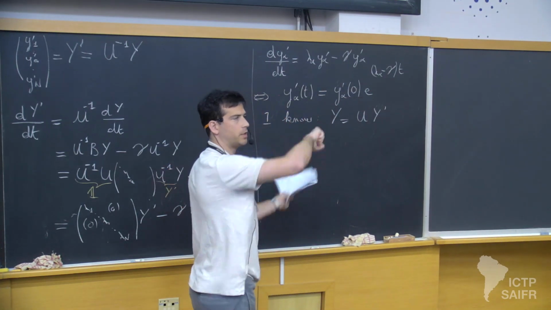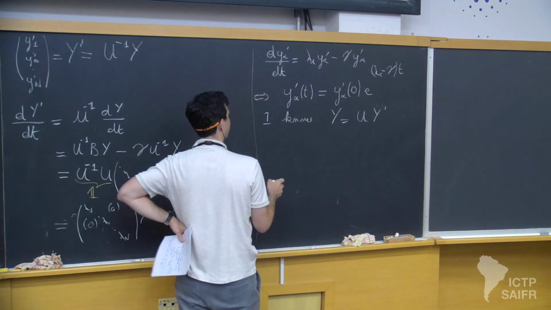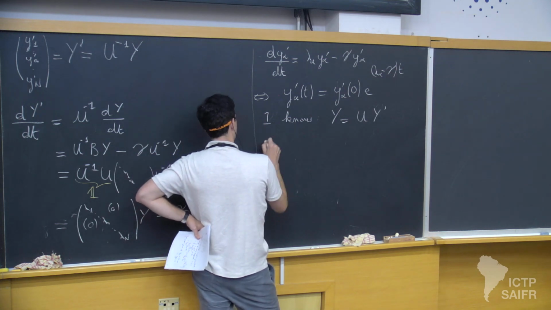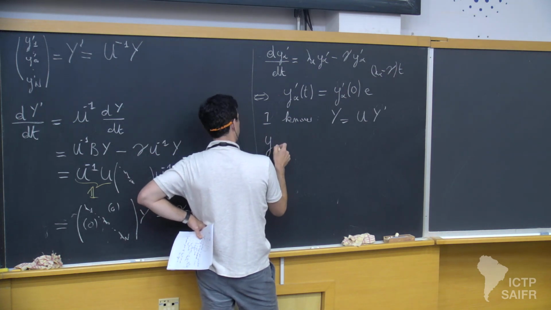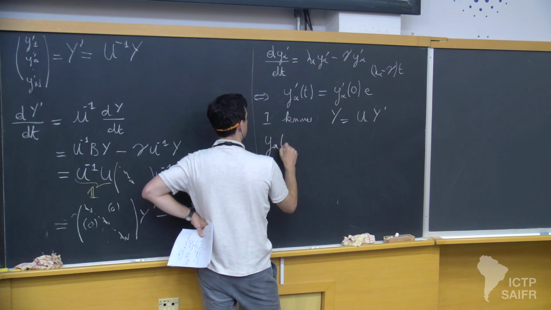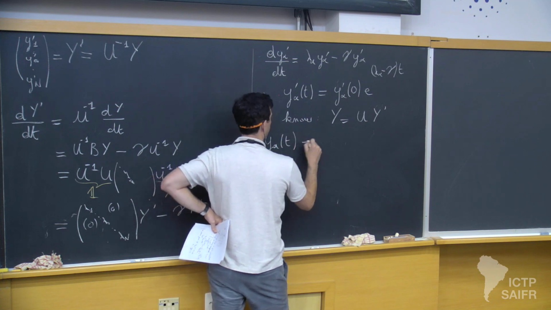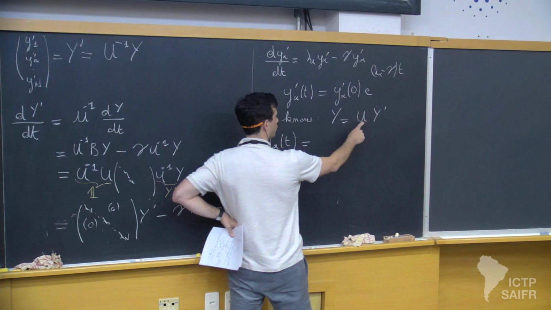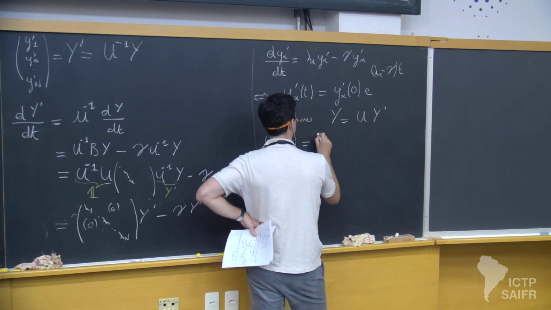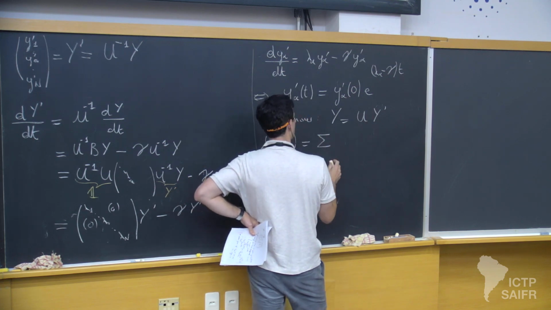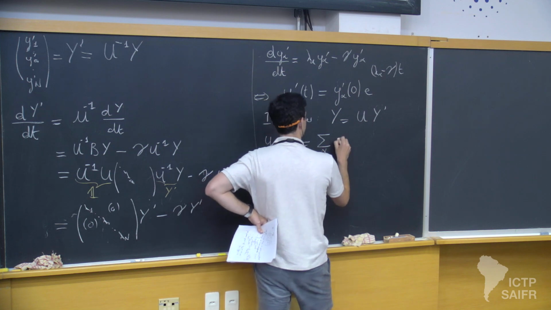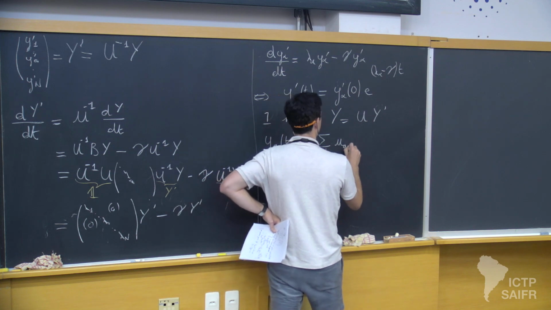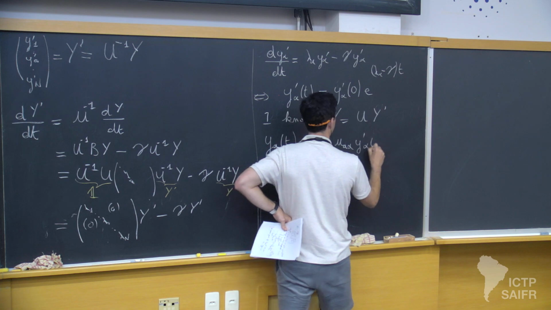I'm rotating in the other direction to go back to the initial variables. So if I write this with my variables in each line of the vector, this is equal to the matrix product of u with the vector y', so it's the sum over alpha of u a alpha times y' alpha of t.